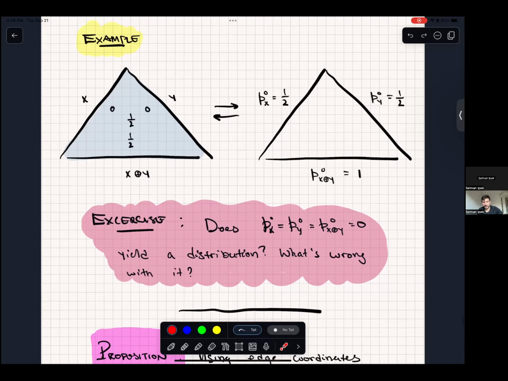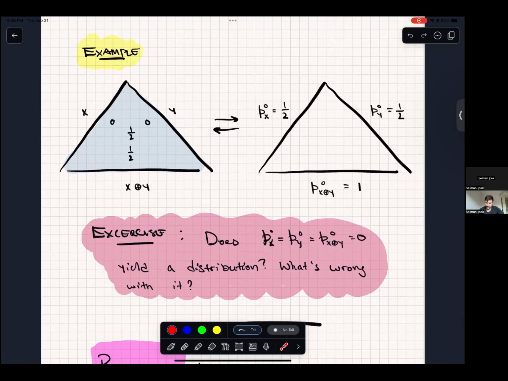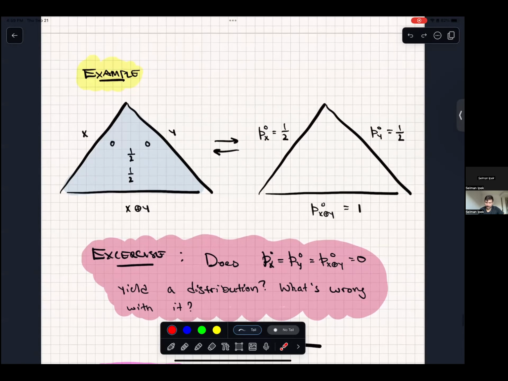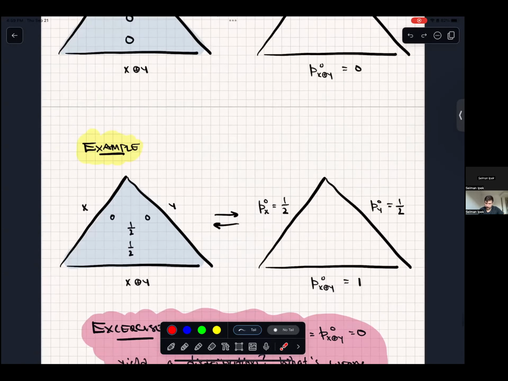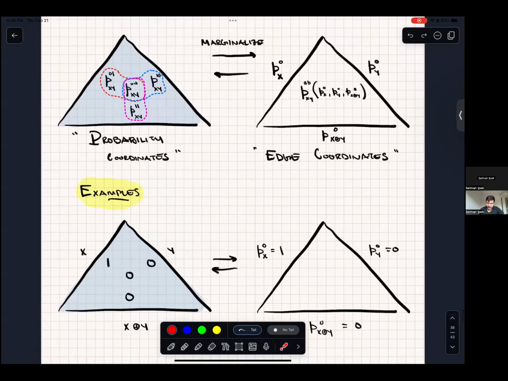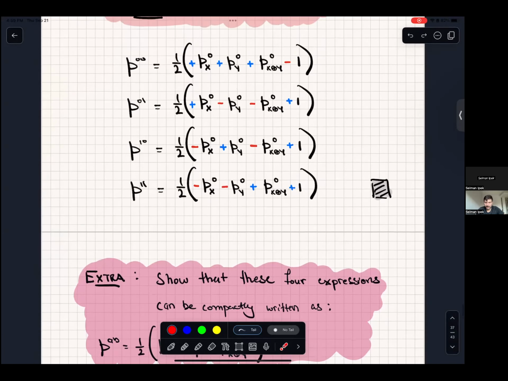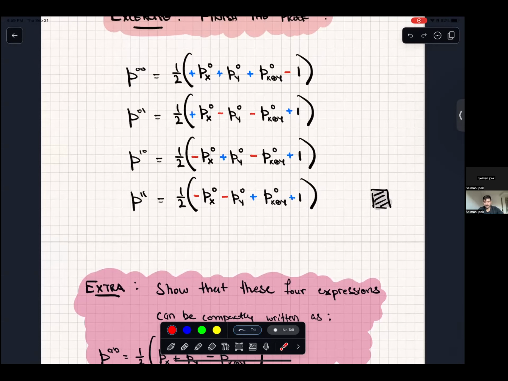Now, the danger with the edge coordinates is that you can have some things that seem too good to be true, but you still have to impose a couple of things. Remember that you have minus signs. So you can't just pick any old values of these p's, because if you pick one that's sufficiently negative, given other values that are positive, then this whole thing could be negative.